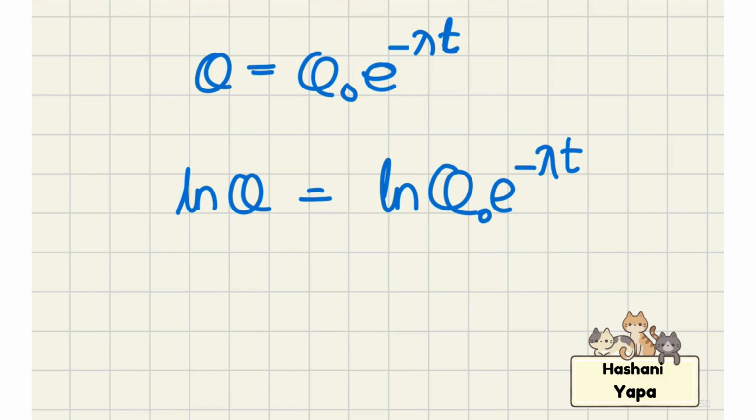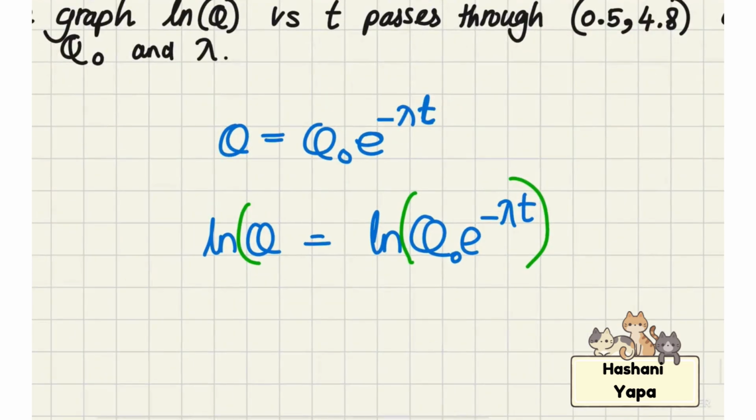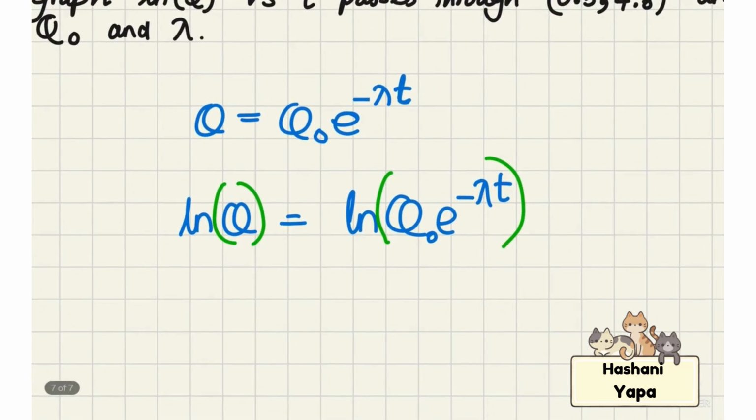What did we learn in log rules? Now here there's a multiplication, right? Now you can see how we put ln on both sides.